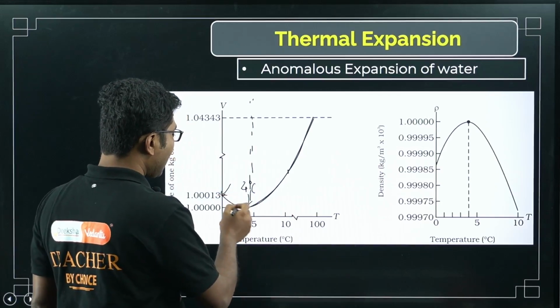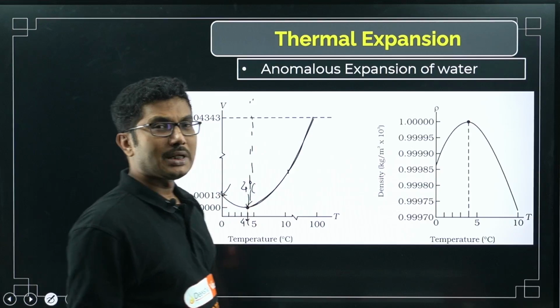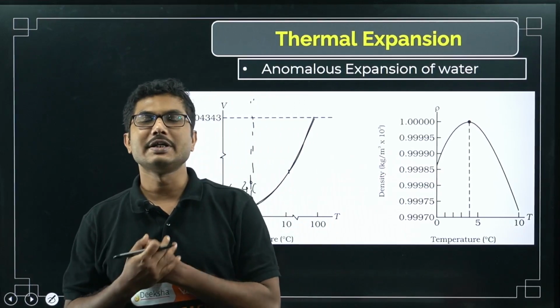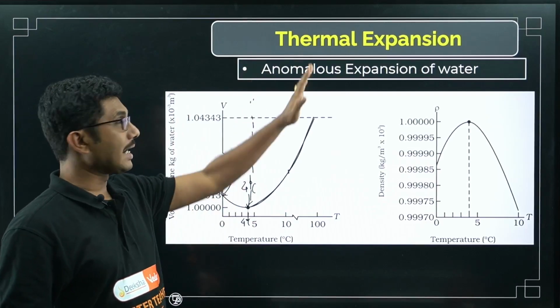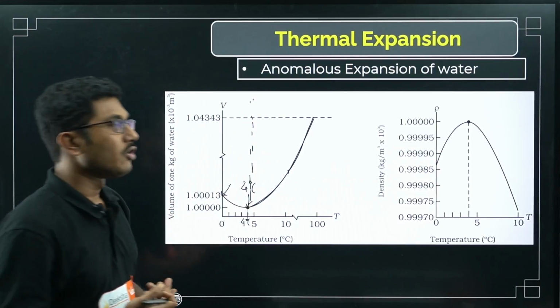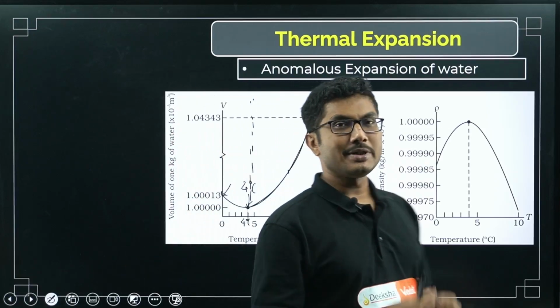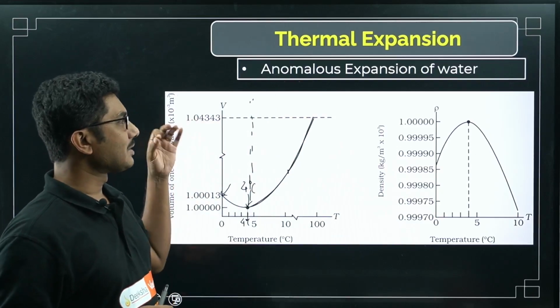But up to this point, from 0 to 4, something peculiar is happening. Instead of increasing in volume, its volume decreases. That's why it is called anomalous expansion of water. Anomaly means something which is not common.